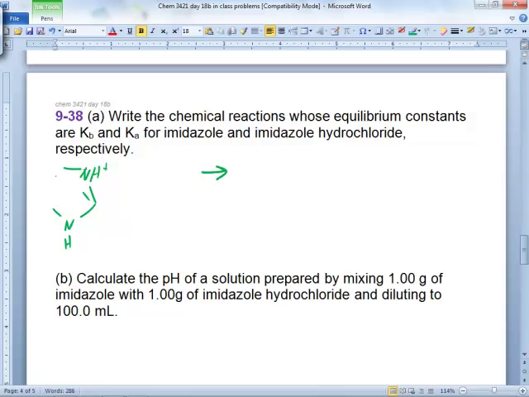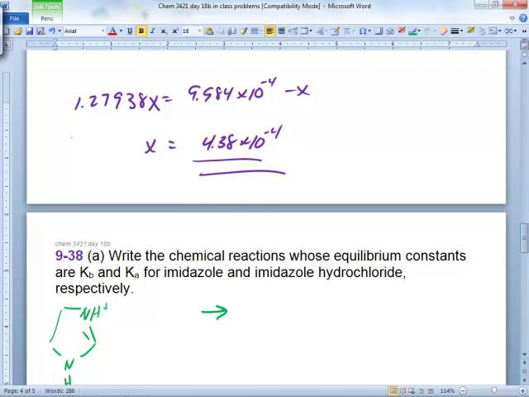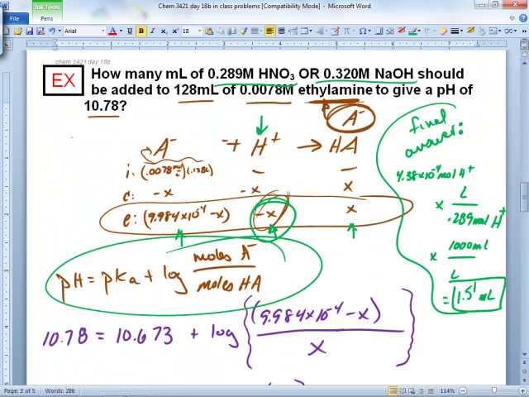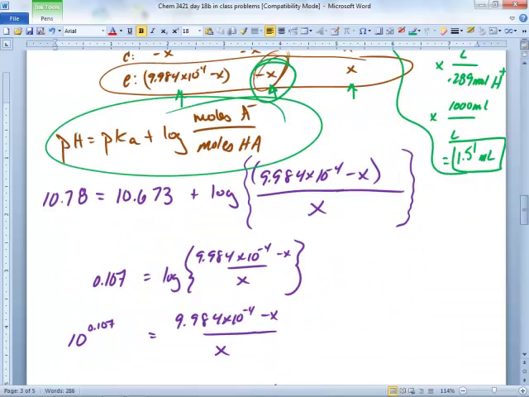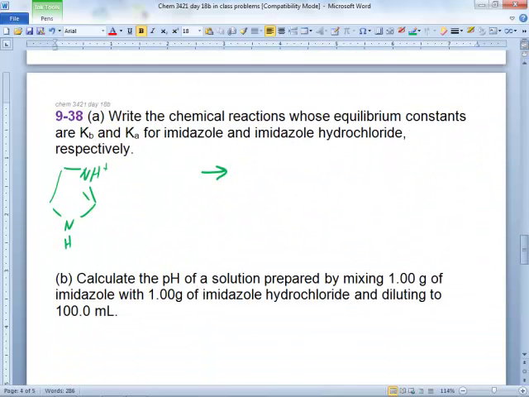Not if they ask this, though, right? No, for the test, I would be writing HAs and A minuses for these mole tables. But if they say write a Ka reaction, yeah, good luck with that. You're going to have to draw this thing out. There's a double bond there. Since I have the plus written on there, that must be the acid form. So then, just write the Ka reaction.